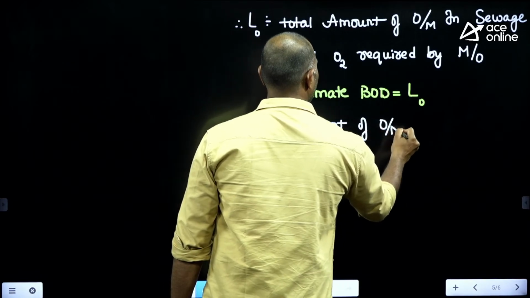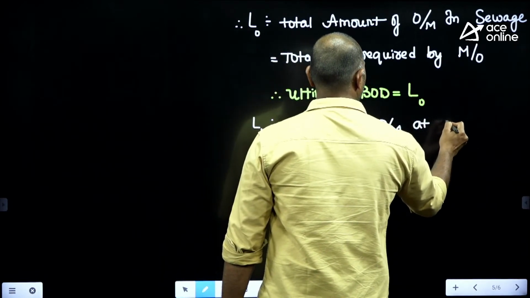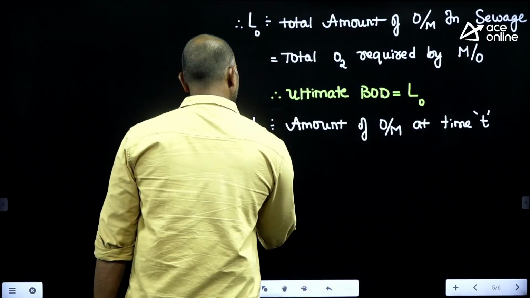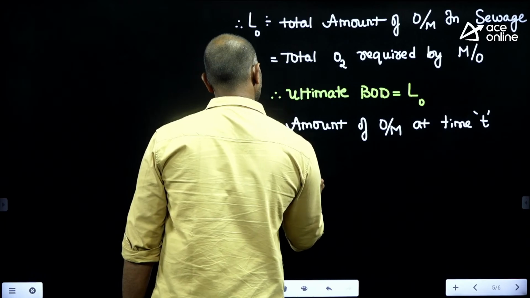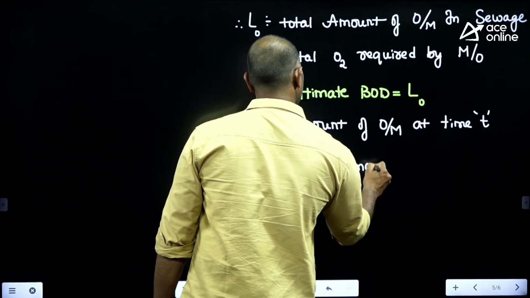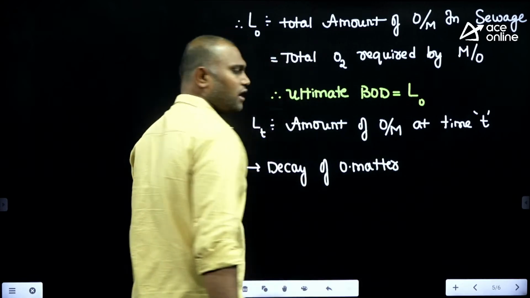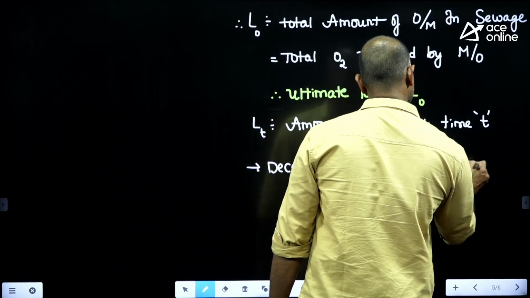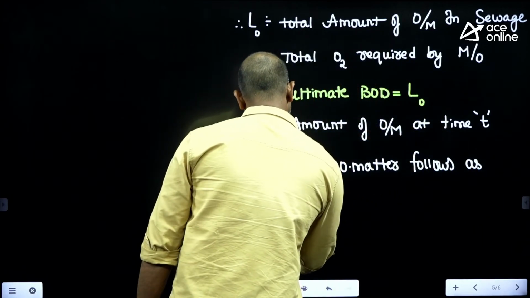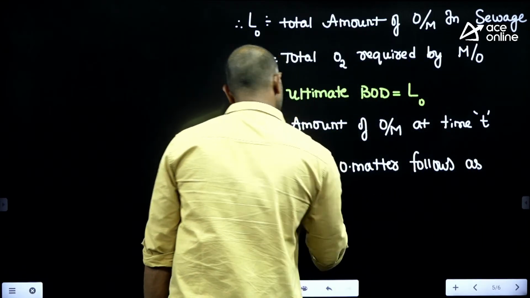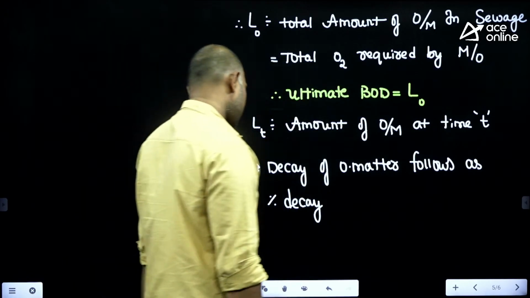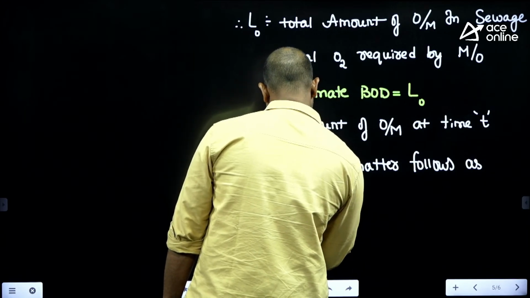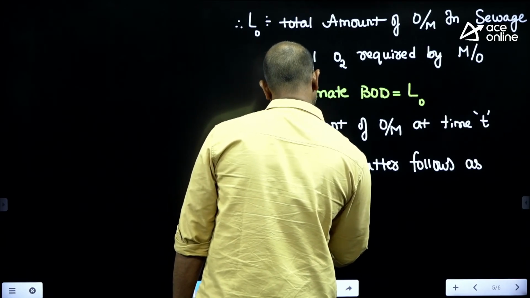organic matter at time t, the decay of organic matter follows a constant percentage rate of decay.